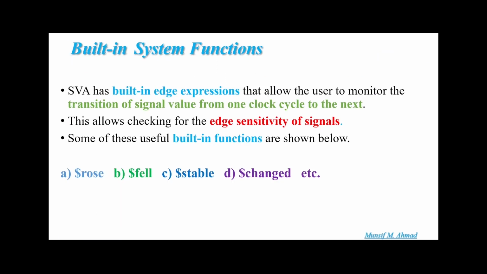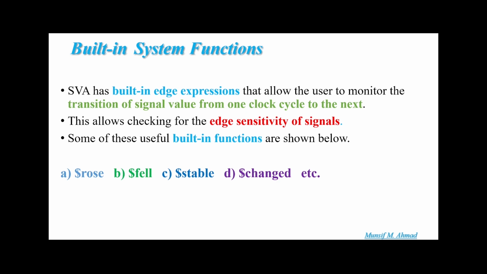Before moving on to system functions and waveforms, let me explain what built-in system functions are all about. SVA has built-in edge expressions that allow the user to monitor the transition of signal value from one clock cycle to the next. This allows checking for the edge sensitivity of signals.